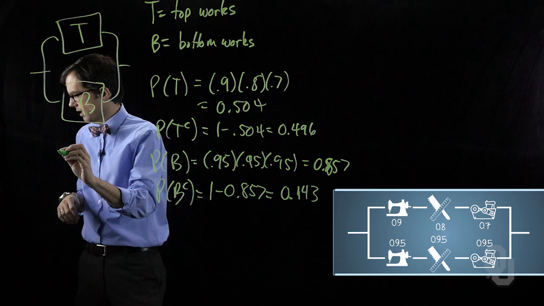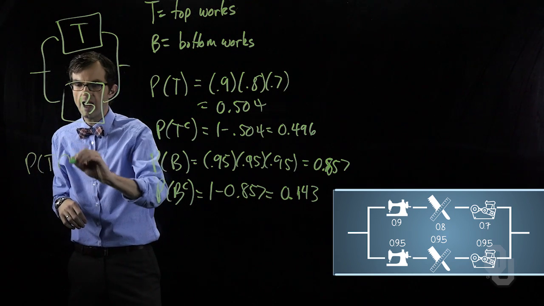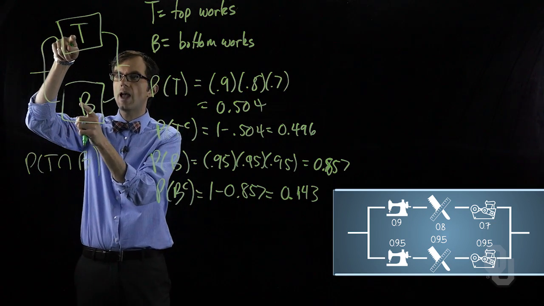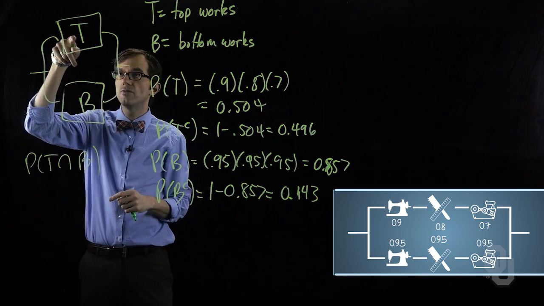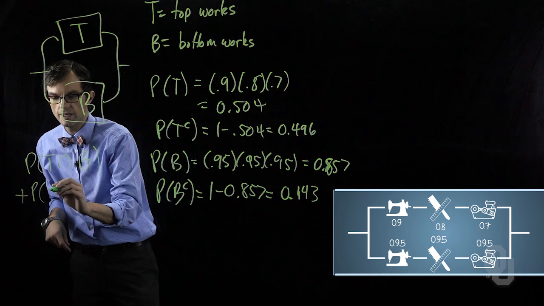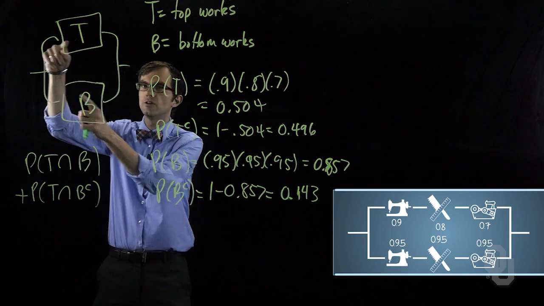The probability that the top works and the bottom works, that event, top and bottom, will get us through. If the bottom doesn't work and the top does, or the top works and the bottom does not, we can still get through.